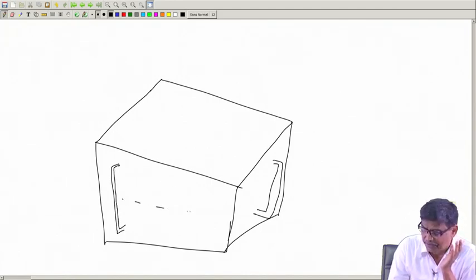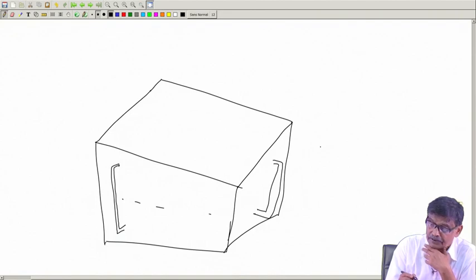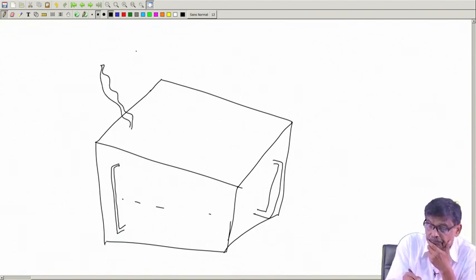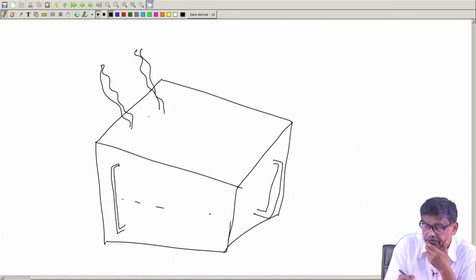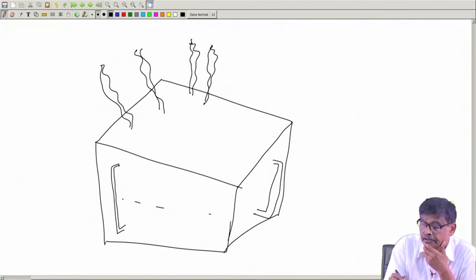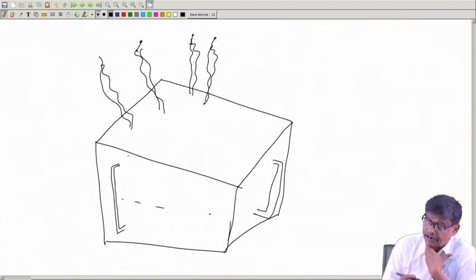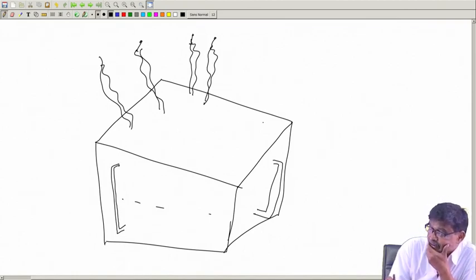I am not drawing series of cooling tubes. On the tops there will be bushings, as I told you, for HV and LV to bring out the terminals, that is also fine. So, LV and HV terminals are brought out and these are the conductors, leads from the windings. Apart from that, you will find there is another fitting here which is called conservator tank, a cylindrical tank.